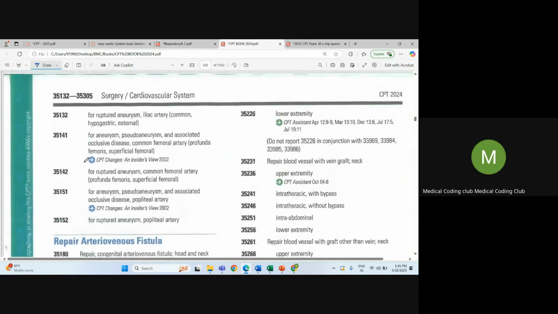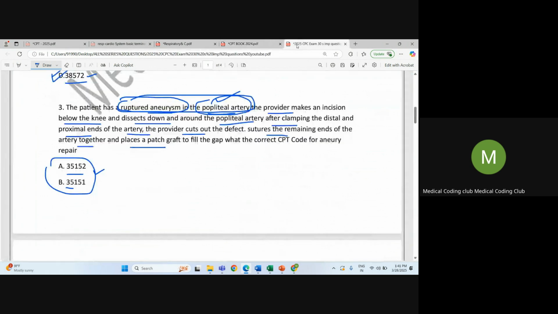Yeah, you can see here 35142 for ruptured aneurysm, common femoral artery. And in the same way 35151, this is only for aneurysm of the popliteal artery, but here there is no rupture. In our question they clearly mentioned ruptured aneurysm.